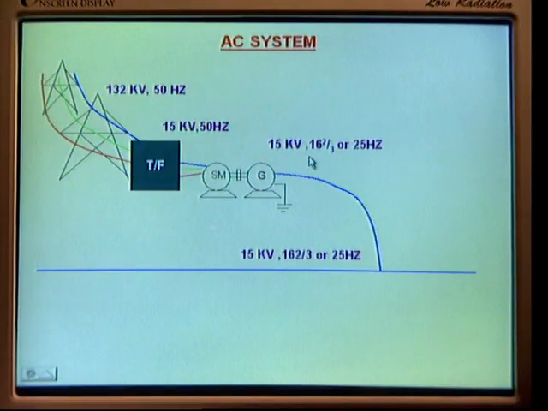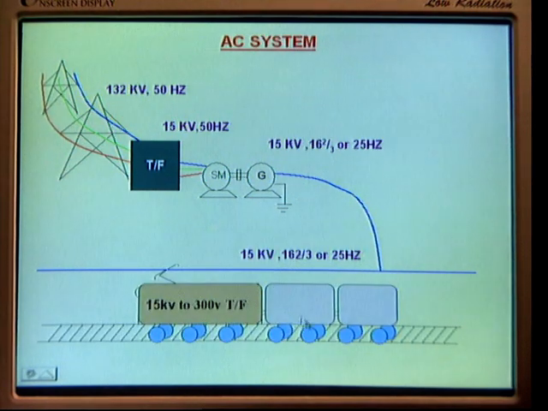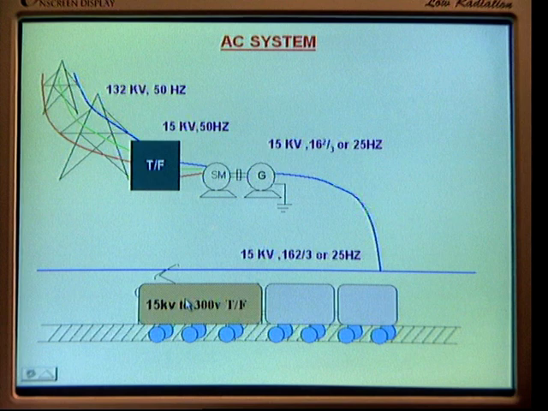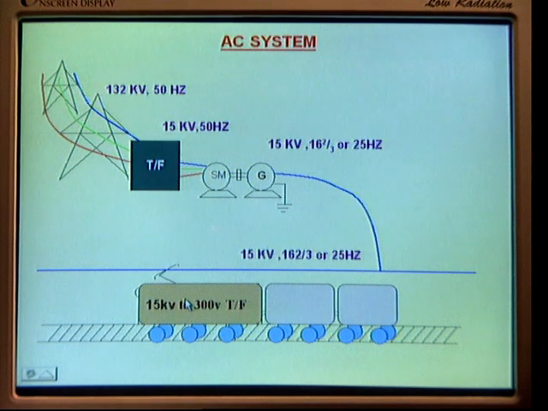This reduced frequency and 15 kV voltage is given to the overhead line. From the overhead line, AC motors take supply through the pantograph, control circuit, and another step down transformer which is located in the locomotive itself.